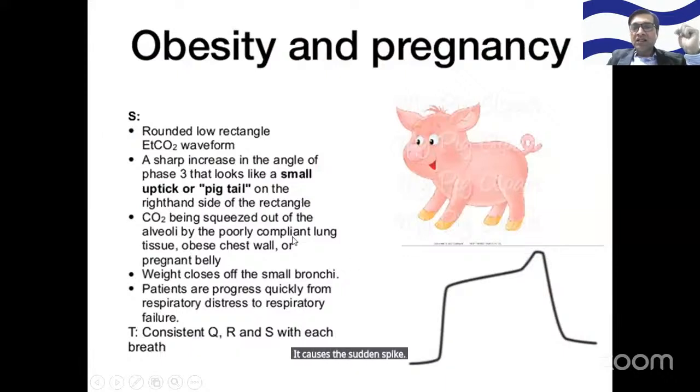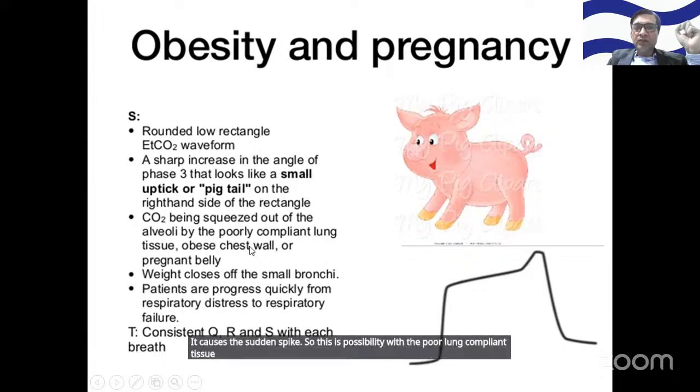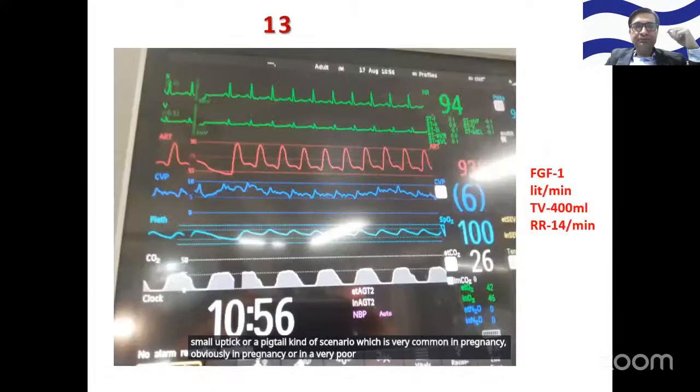So this is a possibility with poor lung compliance, an obese chest wall, or a pregnant lady. This is a typical sign, a small hook or pigtail, very common in pregnancy, in an obese pregnant lady, or in a very poorly compliant lung.